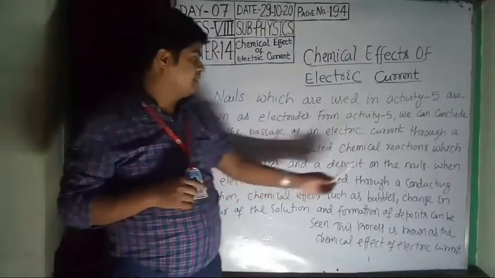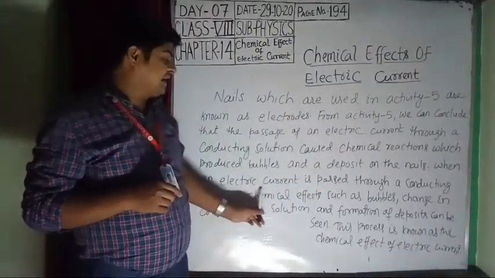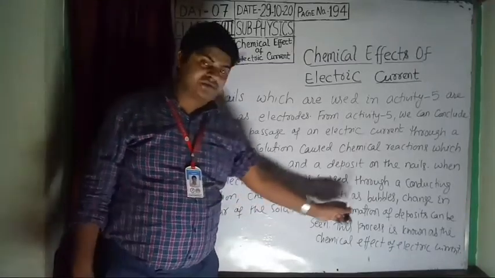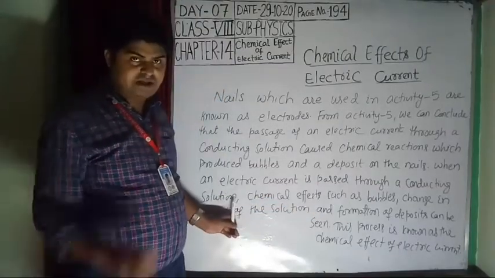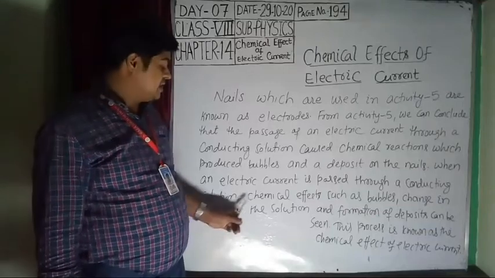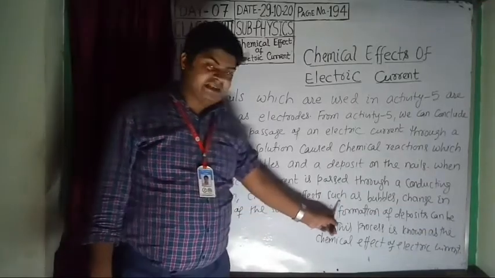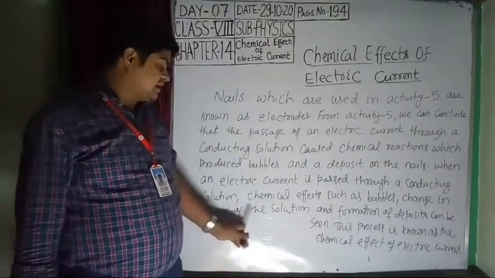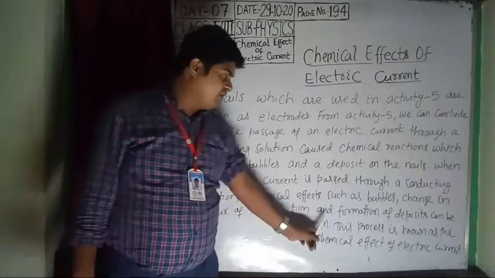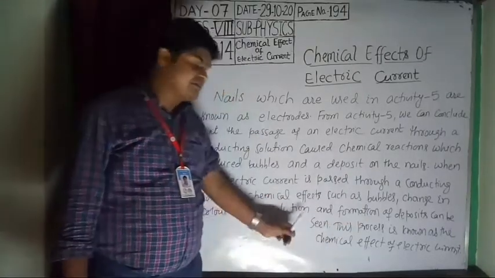When an electric current is passed through a conducting solution, that means salt and hydrochloric acid solution, chemical effects such as bubbles, change in color of the solution and formation of a deposit can be seen.